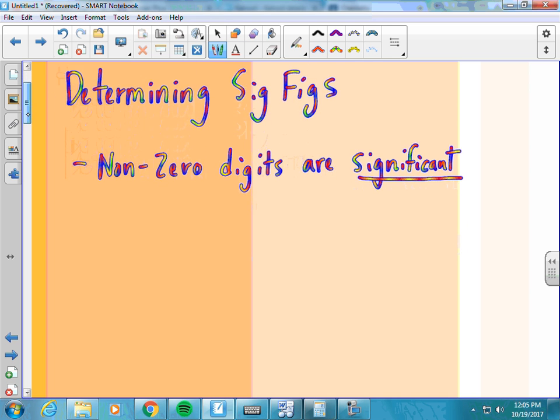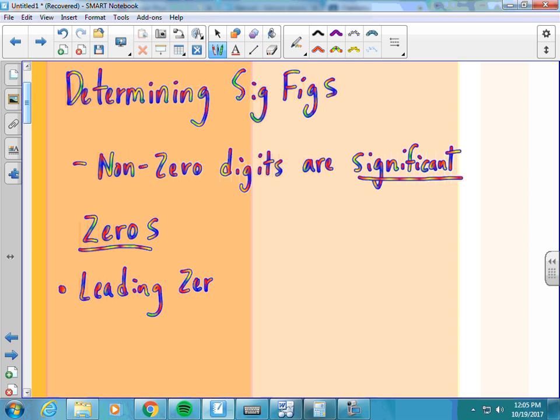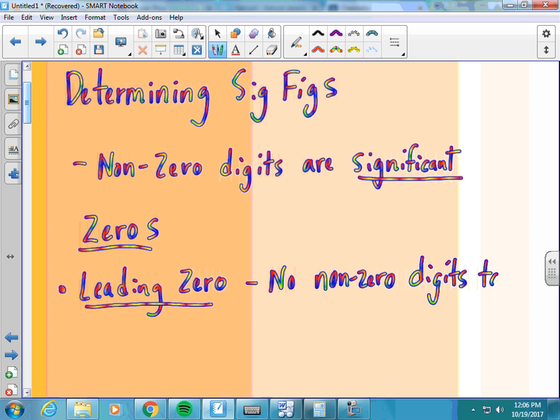What isn't as easy is doing actual zeros. So zeros, we have some different types. All right. The first type of 0 we can have is called a leading 0. With leading zeros, that means they have no non-zero digits to the left.